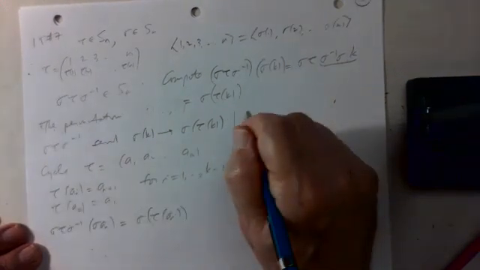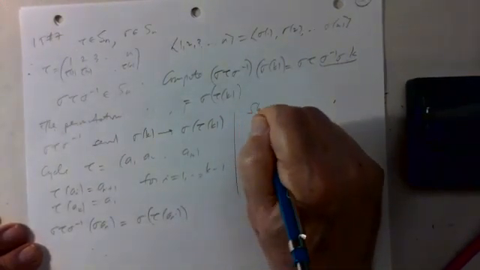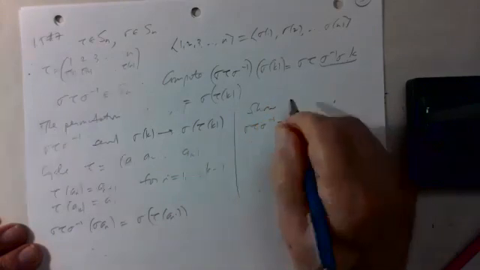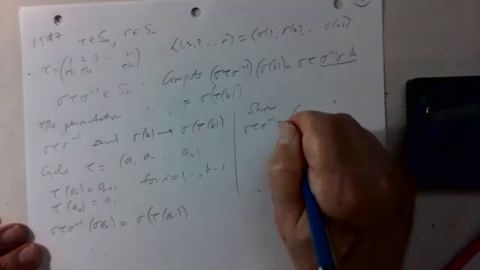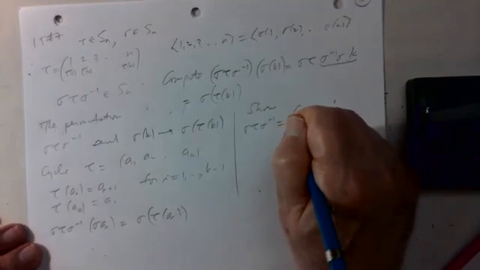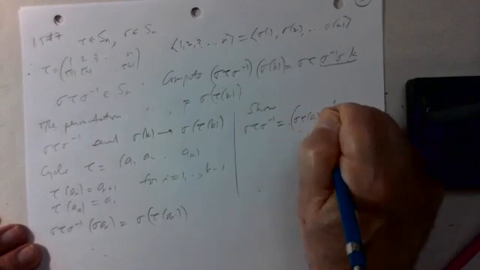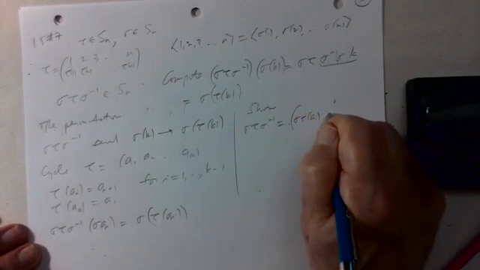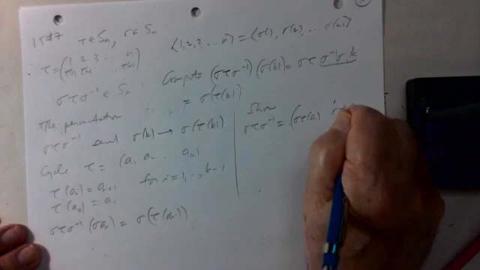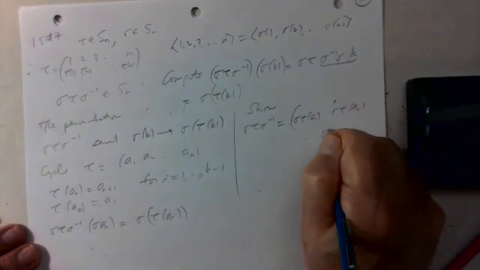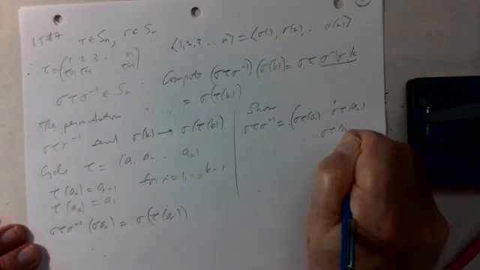So the idea is to show that sigma tau sigma inverse is a cycle which sends sigma tau of A1 to sigma tau of A2. Well, that's exactly what this says. Goes to sigma tau of Ak.